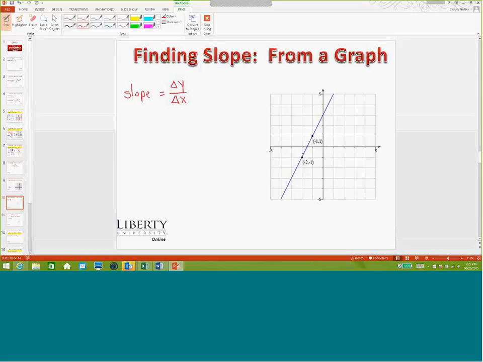First, we want to travel the y's, from one y to the next point. So we'd have to go up 1, 2. I'd have to go up 2 units to get from one point to the next. And then I'd have to travel right, so +1. I went from this lower point to the upper point.